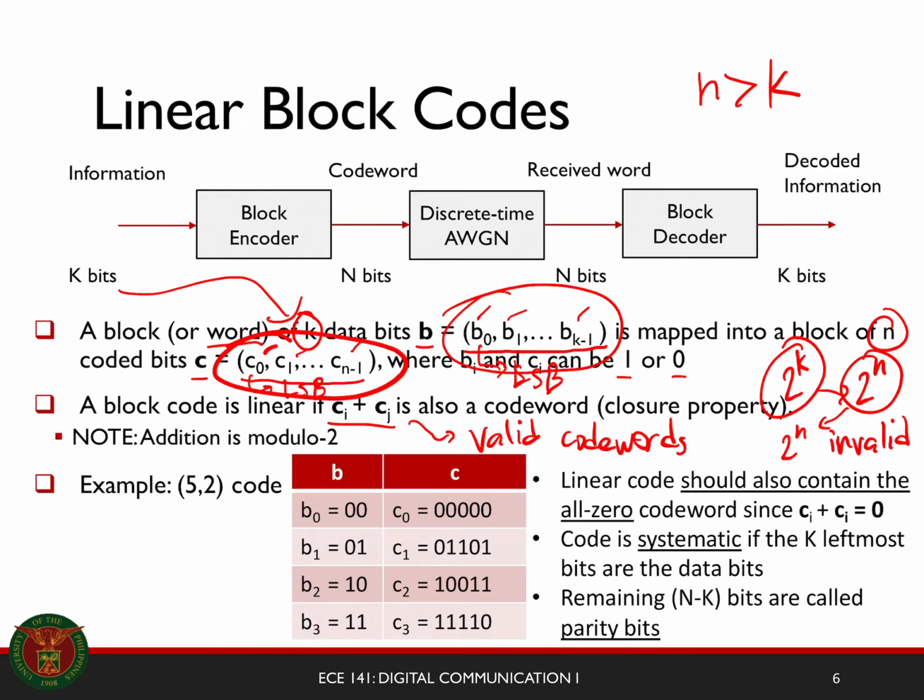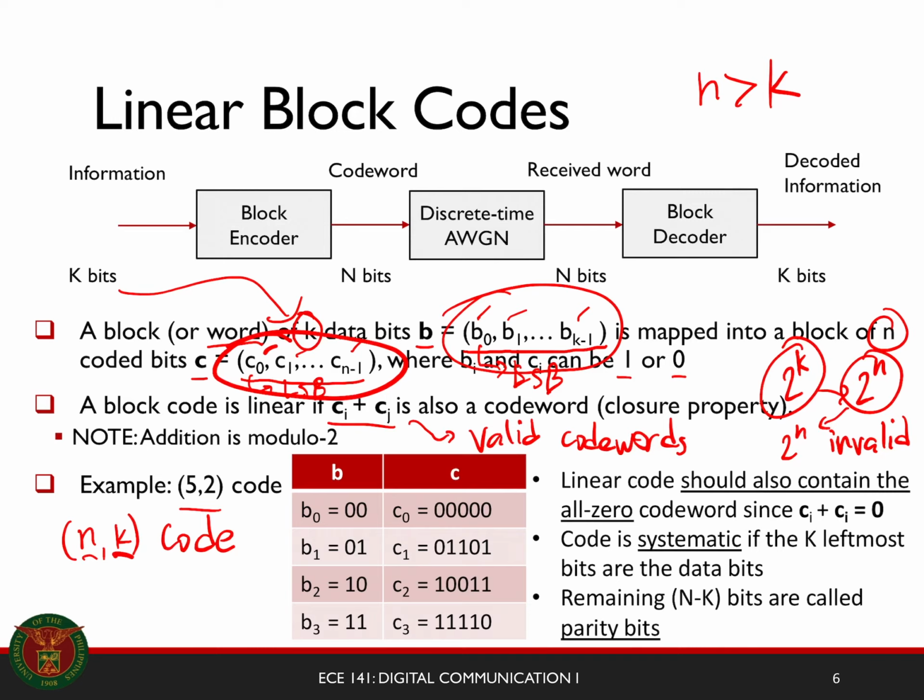For example, we have a (5,2) code. Just note we're going to use this notation for the rest of the slides. When we have two numbers representing a code, the first number will always be the number of code word bits, and the second number will always be the number of data bits.